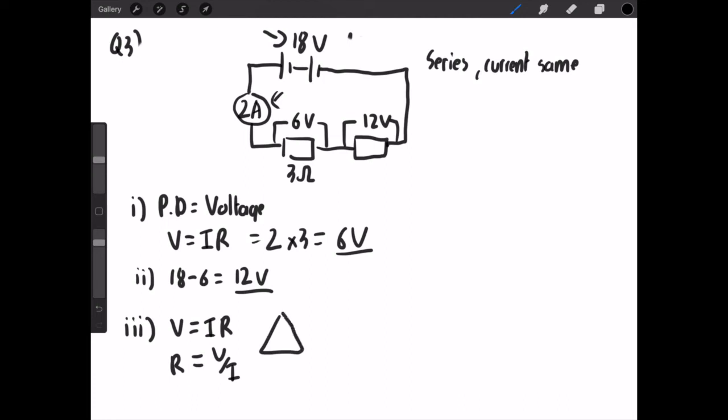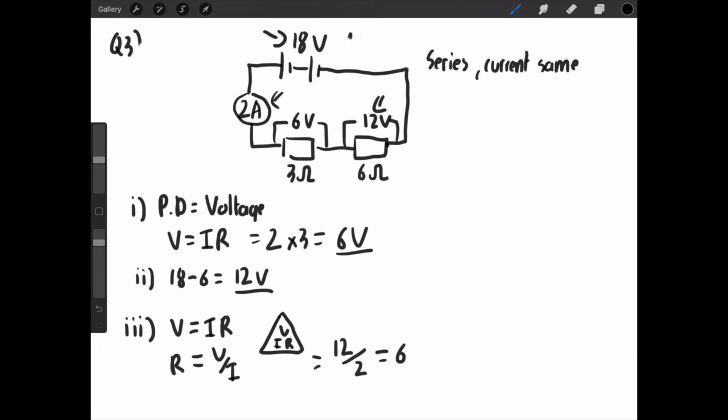You can use a formula triangle if you want. I'm not a massive fan of them, but they do work. The voltage is going to be this 12 volts over here, not anything else. So it's 12 divided by the current, which is going to be 2, which gives us 6. That is for component Y, so that will be 6 ohms.